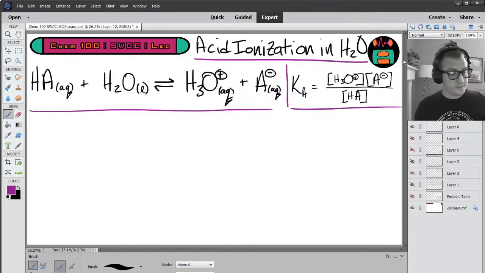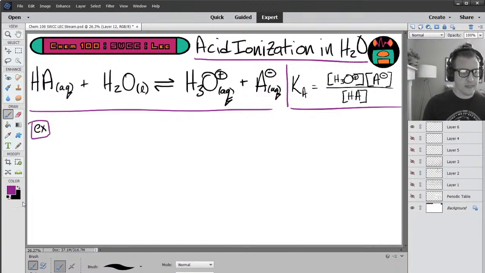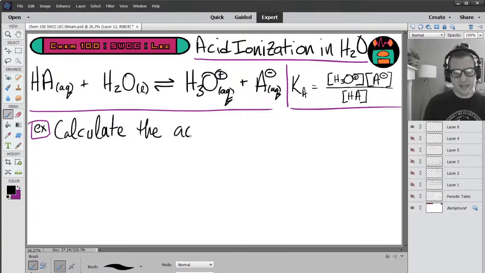So let's take a look here. Calculate the acid ionization constant. I'm just going to say calculate Ka, save some space.